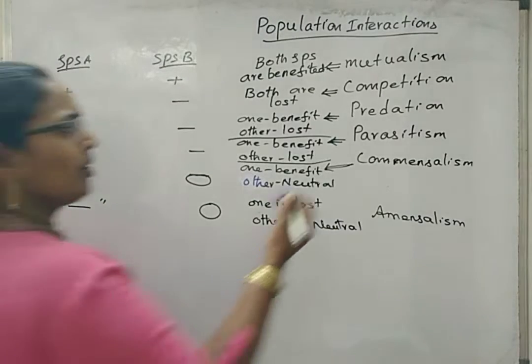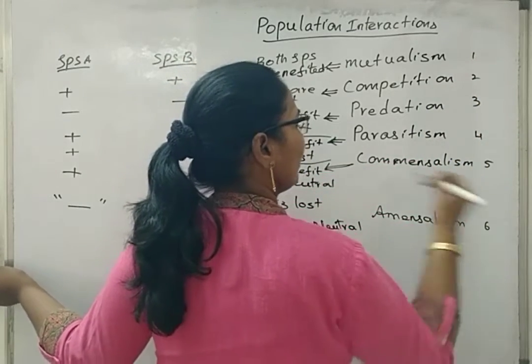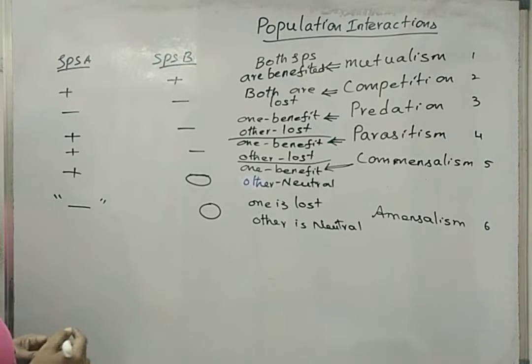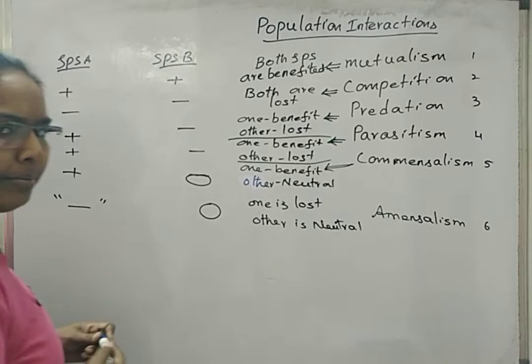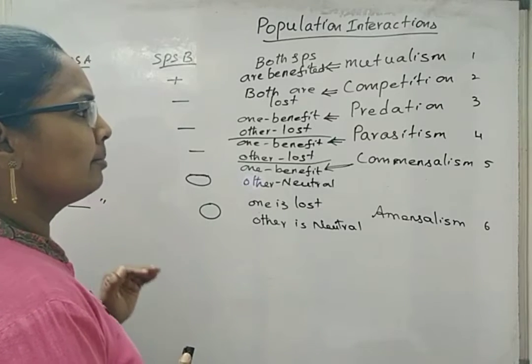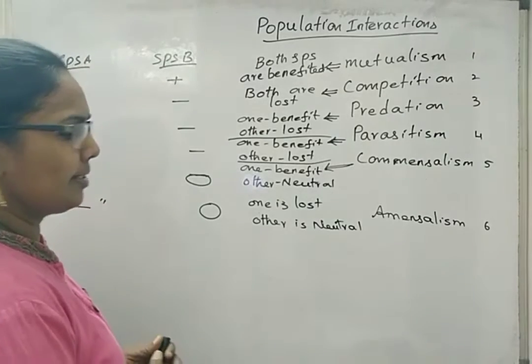So these are the important terms, 1, 2, 3, 4, 5 and 6. These are the 6 types of population interactions. We will see each one by one: mutualism, competition, predation, parasitism, commensalism and amensalism.